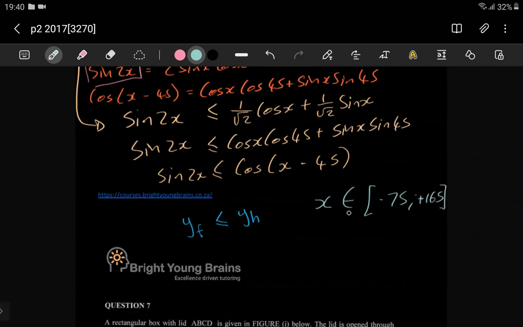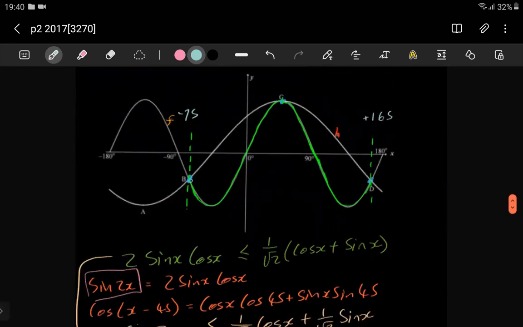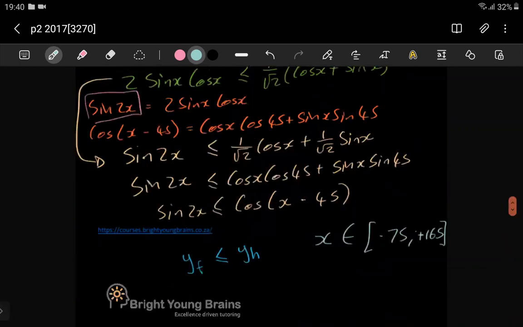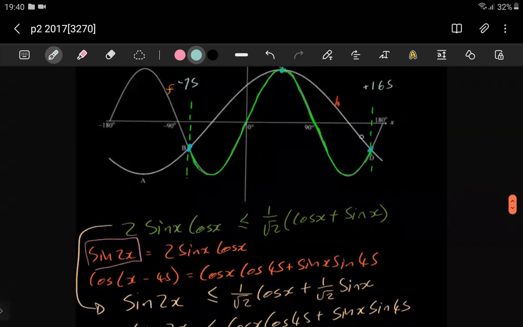We're putting square brackets on both sides because this question said smaller or equal to. Here they're equal to each other, here they're also equal to each other, so that's why we're including them in our solutions. And then every x value between that is the portion where the one graph is below the other one.